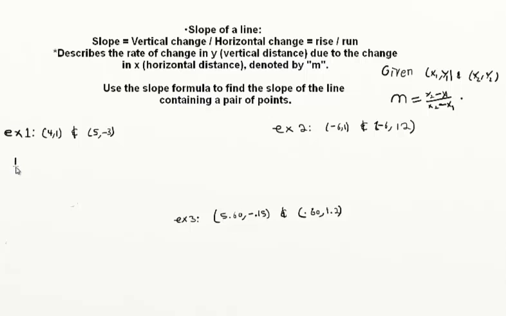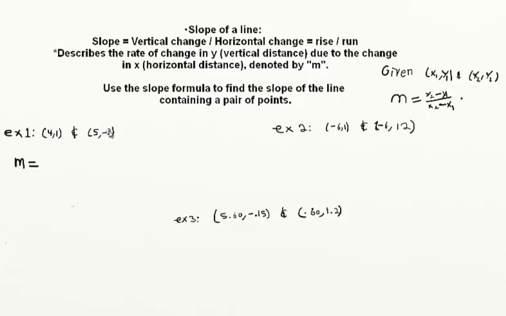For this first example, m is equal to the change in the vertical distance. You could choose either of these points to be the second and first points, but let's just go in order visually.